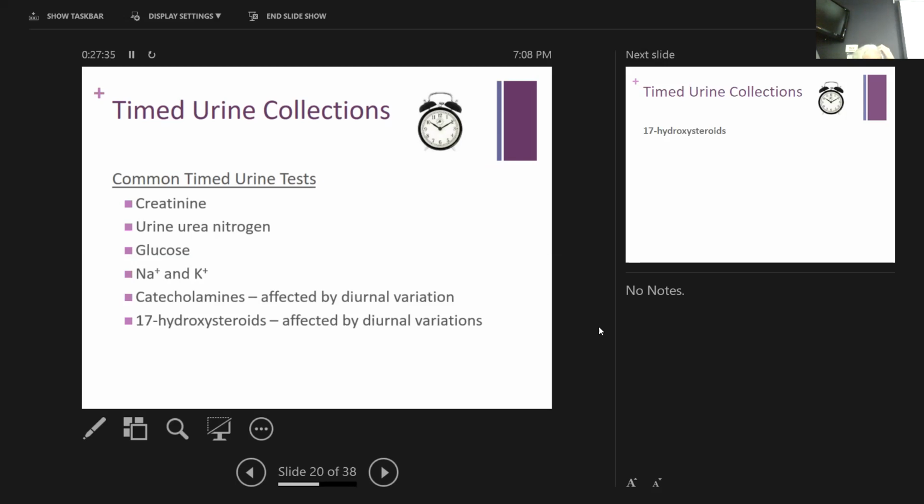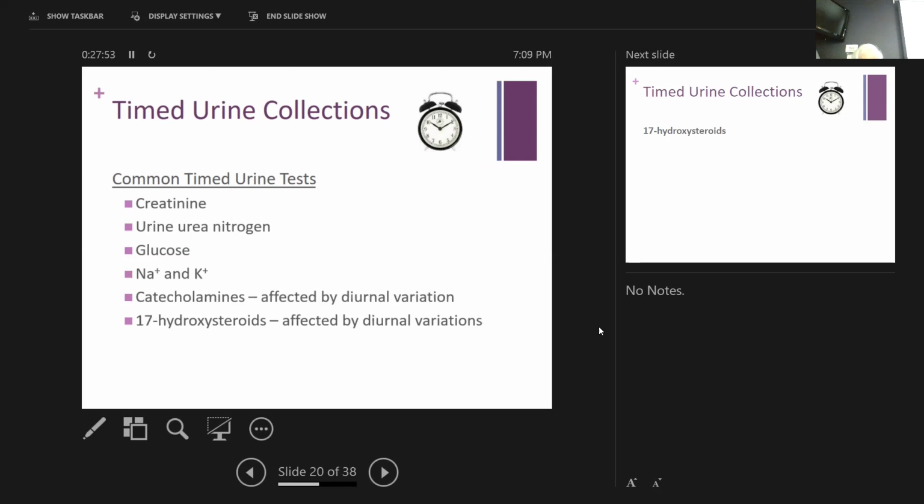And of course, our electrolytes, and a class of chemicals called catecholamines, which are affected by our diurnal cycle as well, but they're important things too.